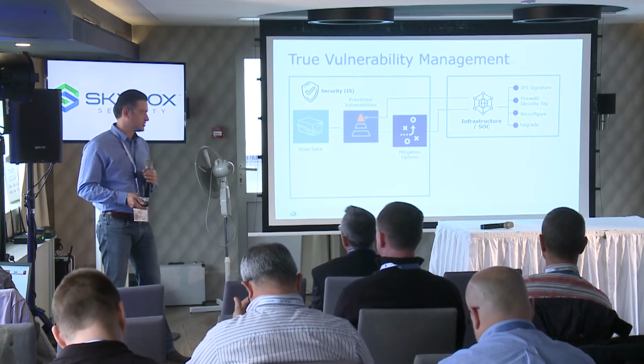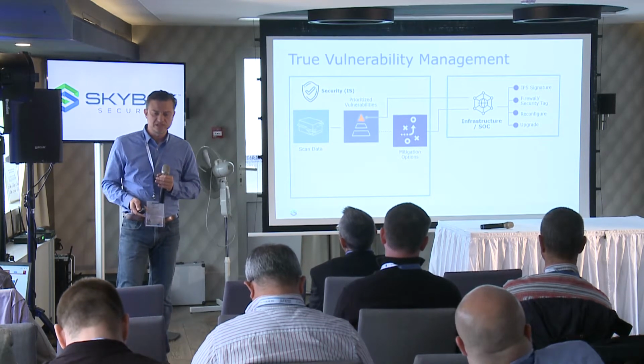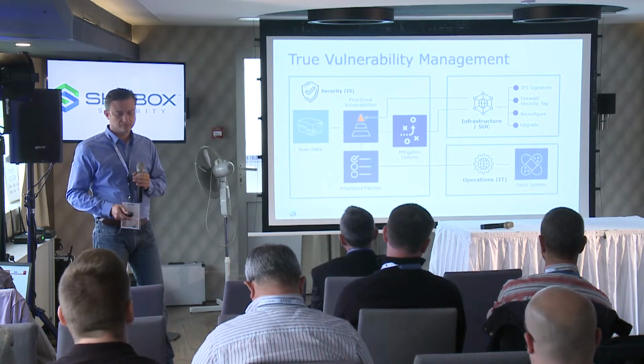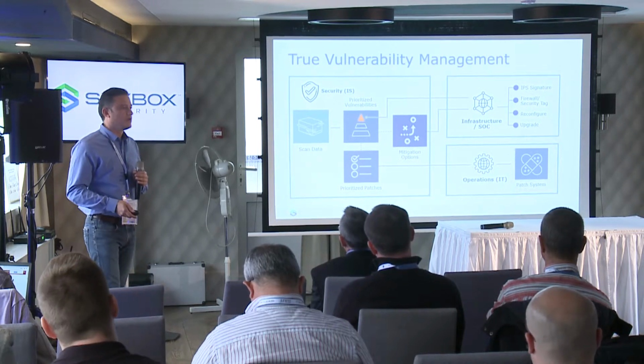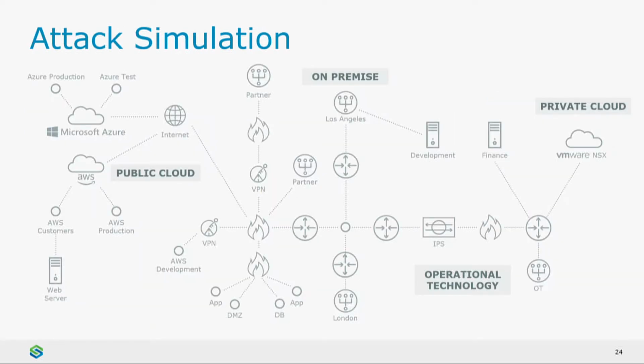We can miss things, okay? Firewall and security tagging, et cetera, compensating controls. And finally, the prioritized patch list with IP addresses, with exactly the patches to be implemented in our environment by Operation IT.